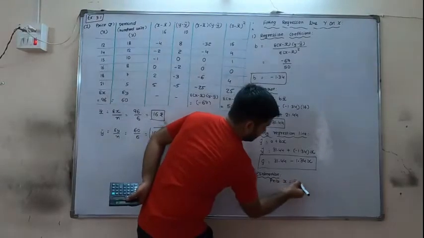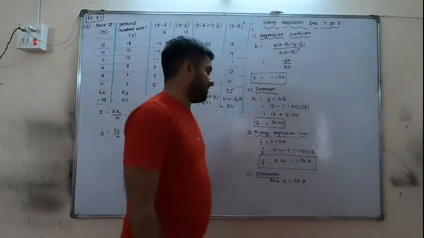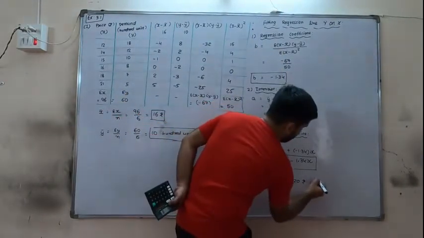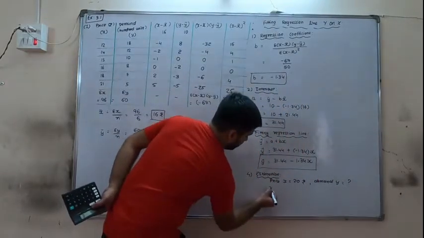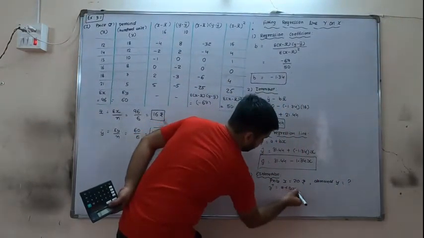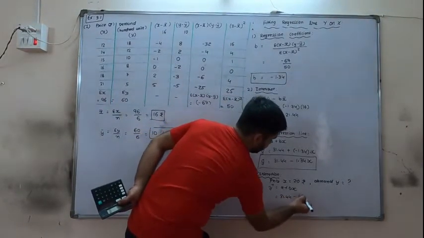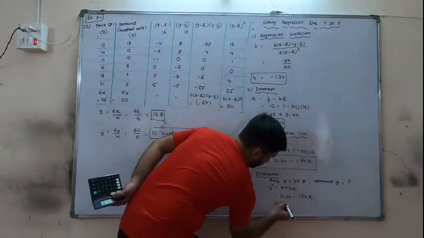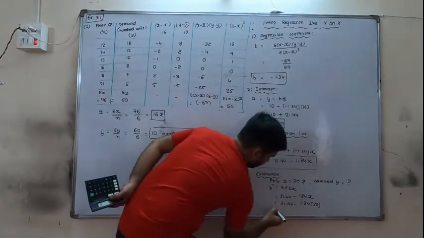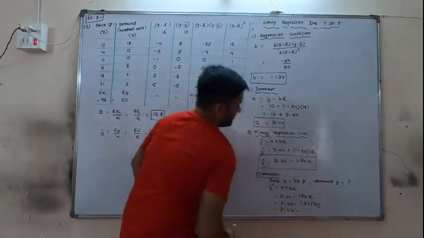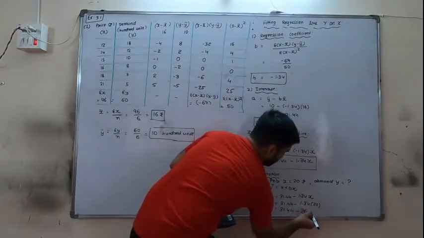Price x is equal to 20 rupees. It is given in the question: estimate the demand when price is 20 rupees. So price x is 20 rupees, demand y is the question. Y cap is equal to A plus bx, 31.44 minus 1.34 into 20. 1.34 into 20 is 26.8.